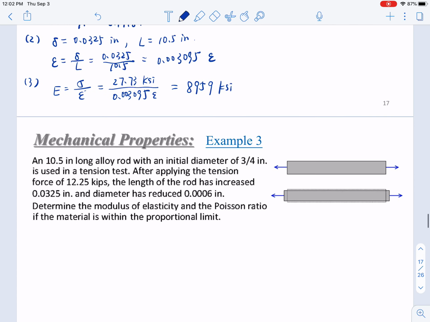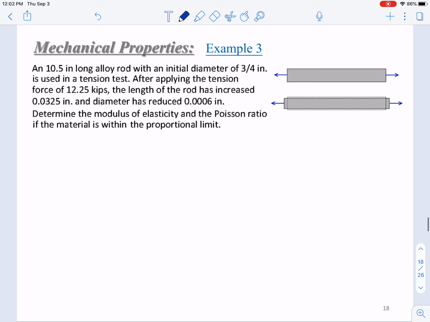Then the last step, we're calculating the nu. Since we have known that nu equals negative lateral direction strain over longitudinal direction strain, we need to determine what is the lateral direction strain.